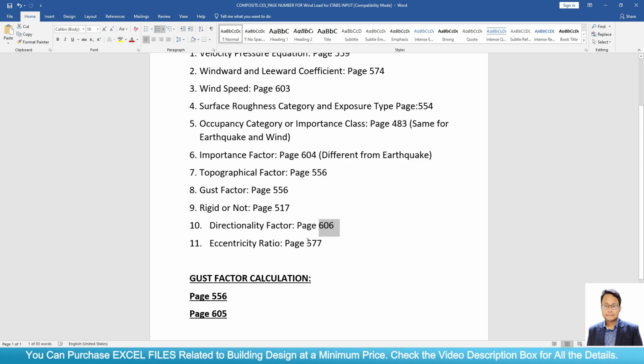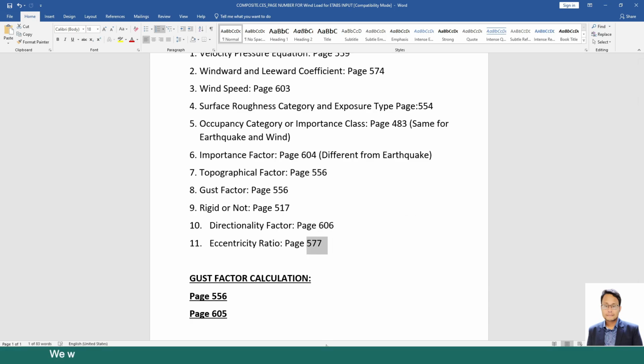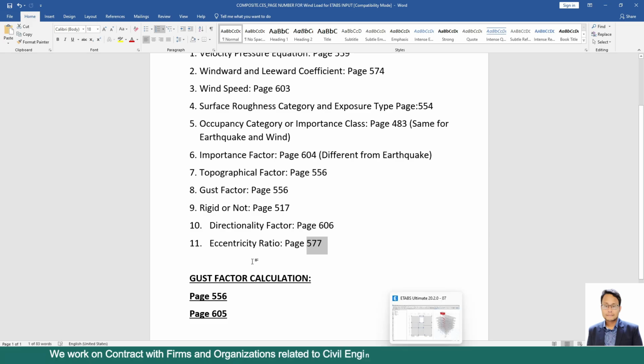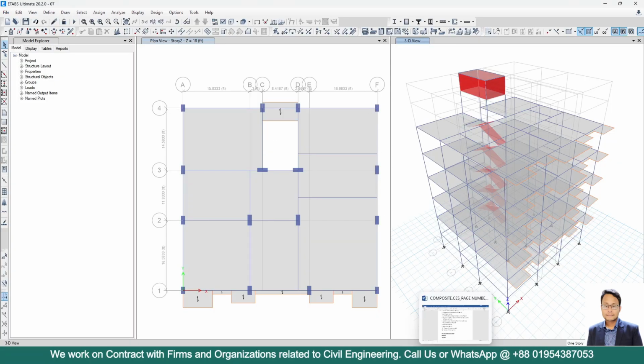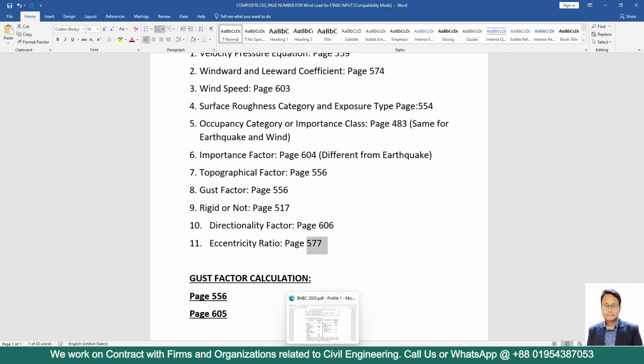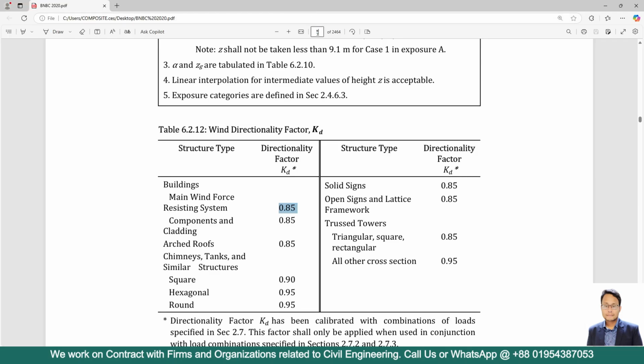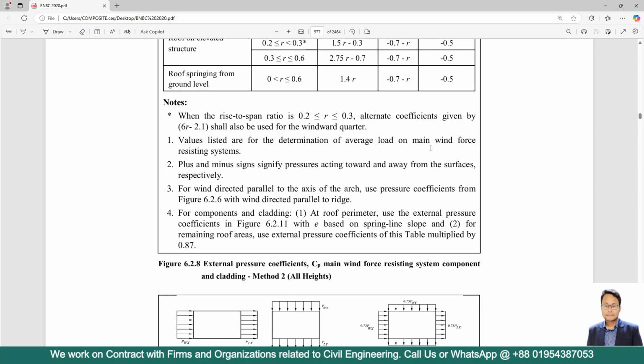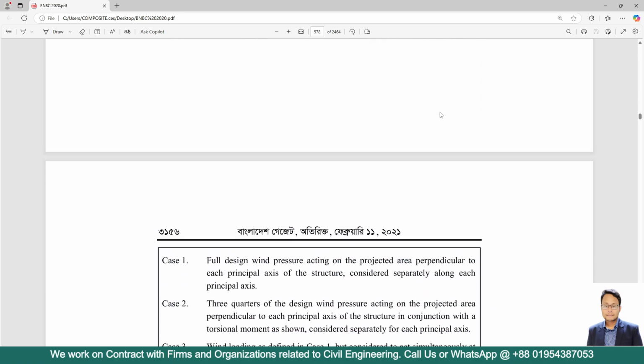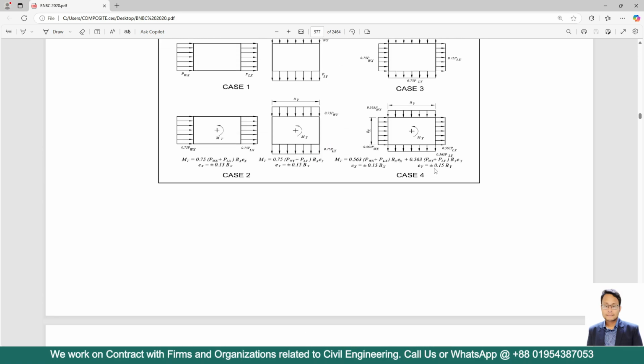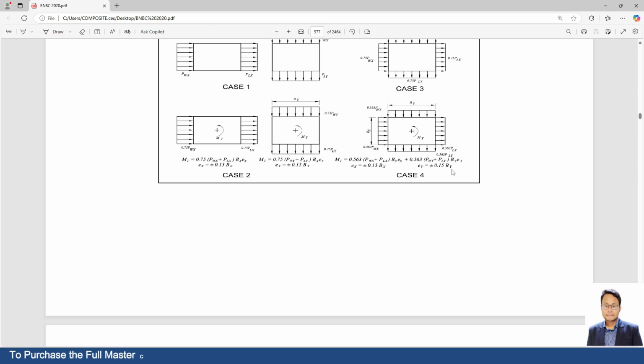Now for the eccentricity ratio, we can take the value from page 577. Here I will consider the maximum eccentricity ratio, which is 0.15. That means EY divided by BY.